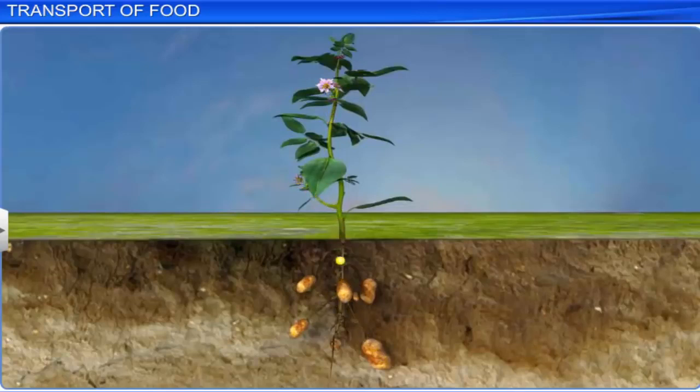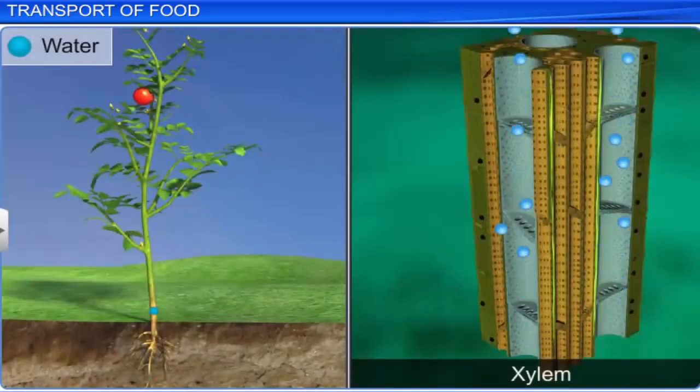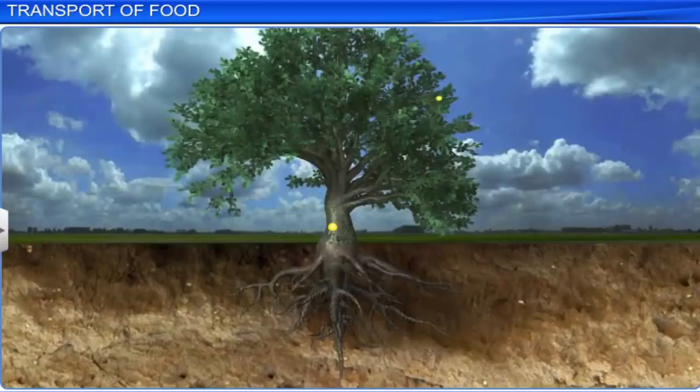Therefore, food transport by phloem is bidirectional, both upward and downward. The direction is determined by the concentration of sucrose. This is in contrast to water transport in xylem, which is always upward and unidirectional. A simple experiment called girdling can be used to illustrate the role of phloem cells in trees.